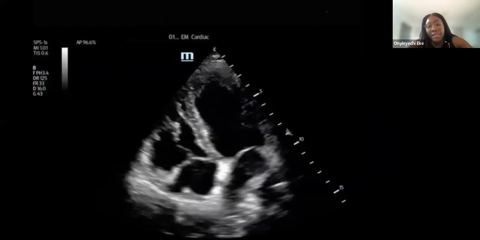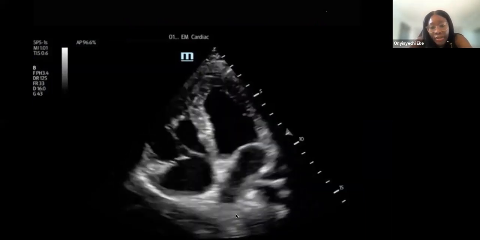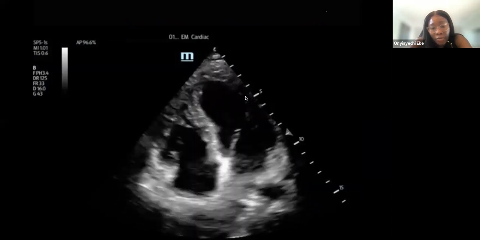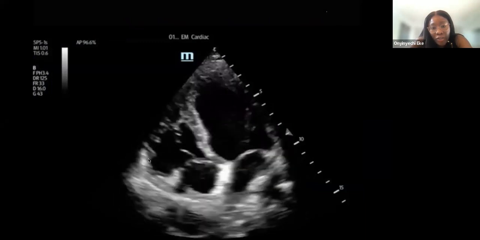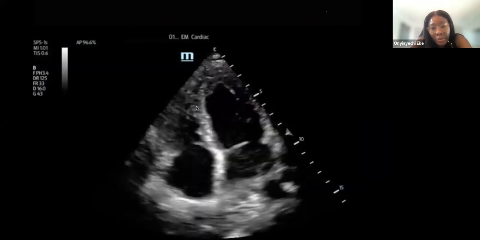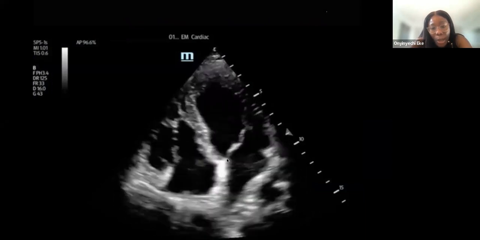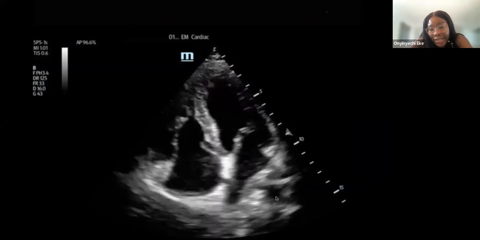This is what our ultrasound scan looks like. So again, I'll point things out. This is the right side of the heart. This is the left side of the heart. We see the right atrium, tricuspid valve, right ventricle. We see the septum as well. We can also appreciate the left ventricle, mitral valve, left atrium, and down here is that descending aorta.